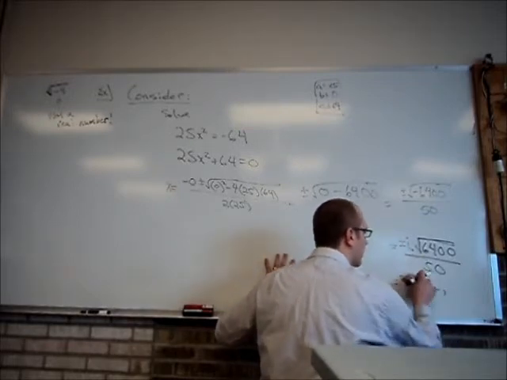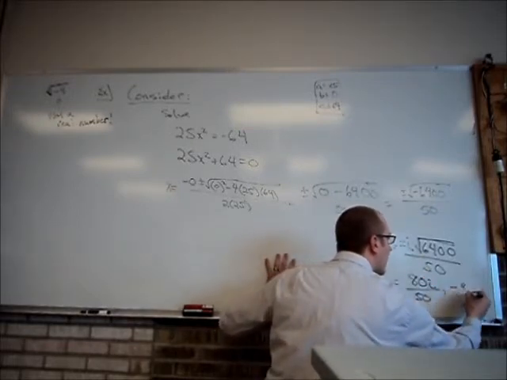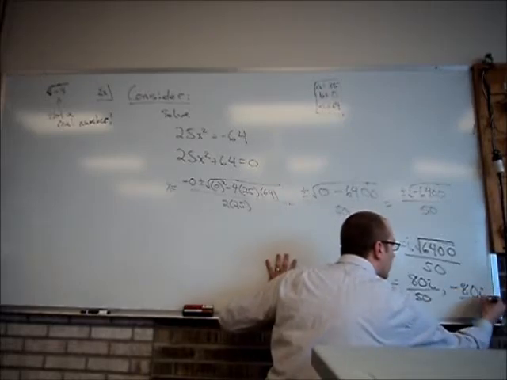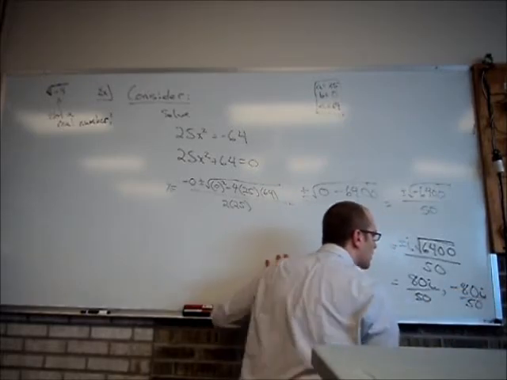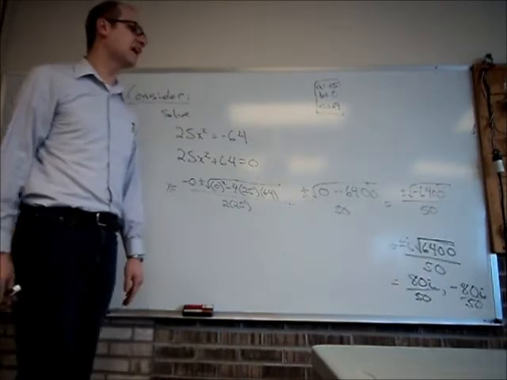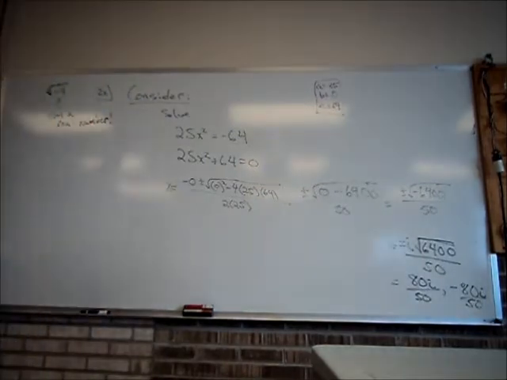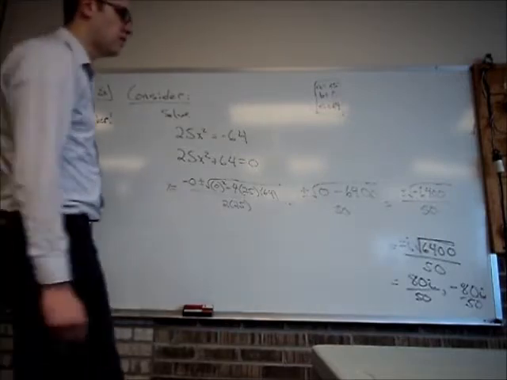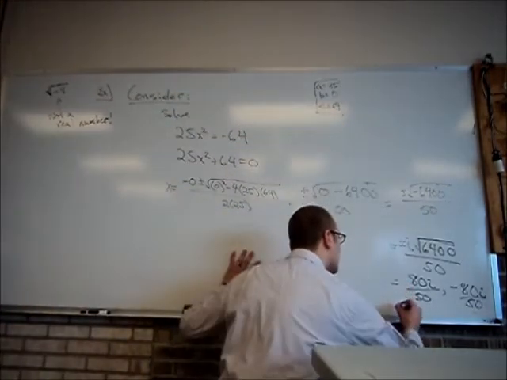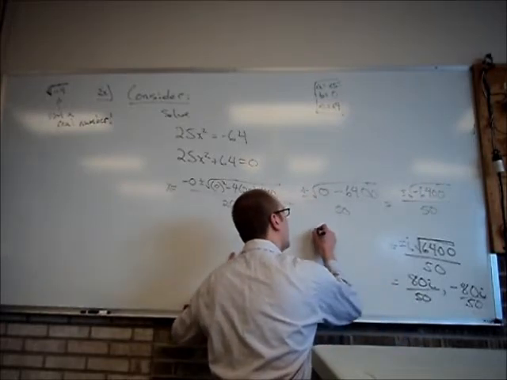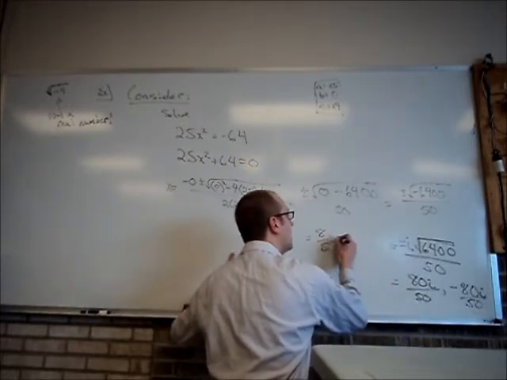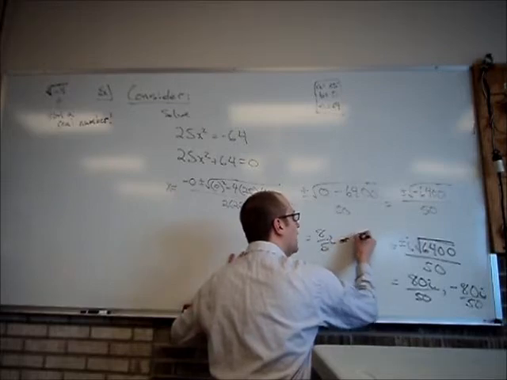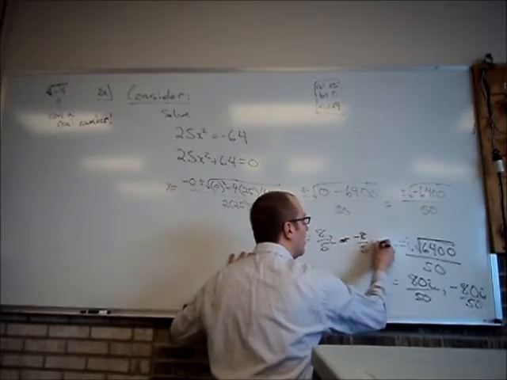And negative 80i divided by 50. And I think you folks know that those fractions can reduce, right? They can reduce by dividing by 10. They can reduce down to 8/5 i, or negative 8/5 i.